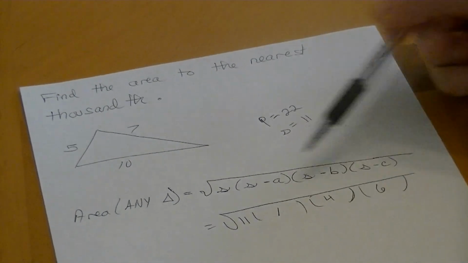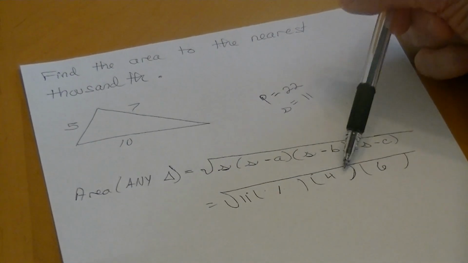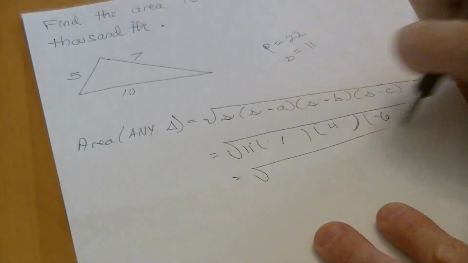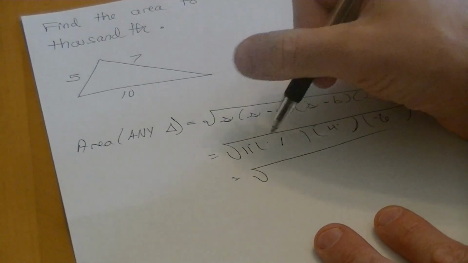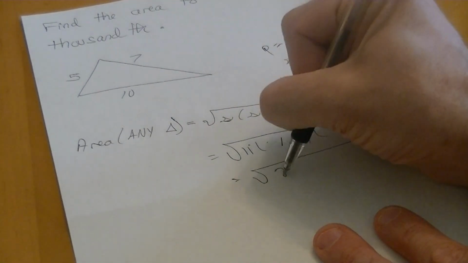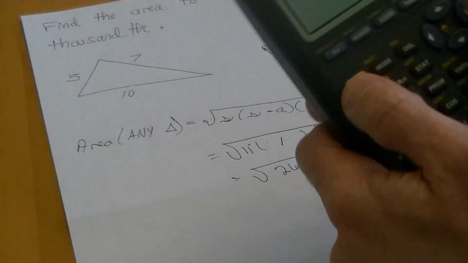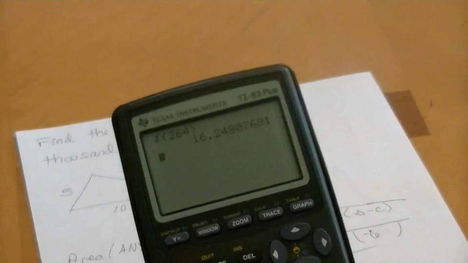The order of these doesn't matter, but it's the semi-perimeter minus one side, semi minus a second side, semi minus a third side. So that gets us the square root of 6 times 4 is 24, times 11, 264. And on the calculator, the square root of 264, get a look at that.